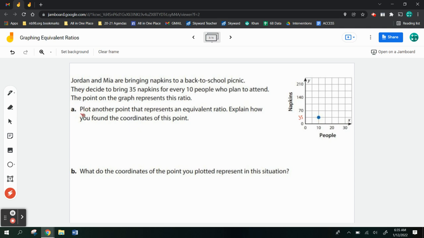Part A, plot another point that represents an equivalent ratio. Explain how you found the coordinates of this point. I'm going to take a short pause here, just a few seconds. Go ahead and pause the video. My in-person students, you have guided notes.